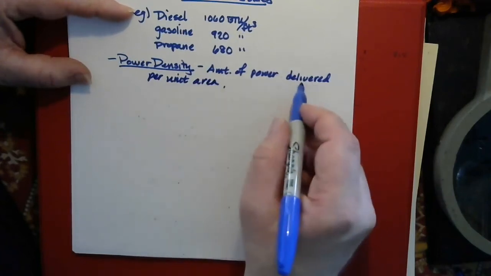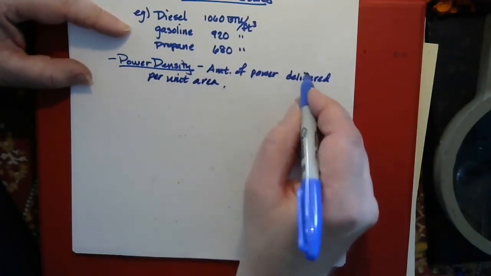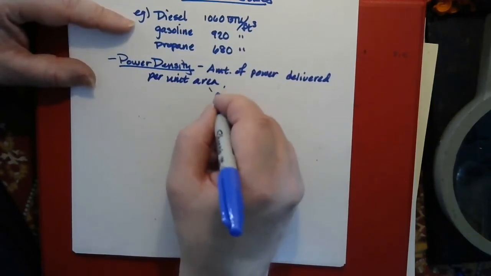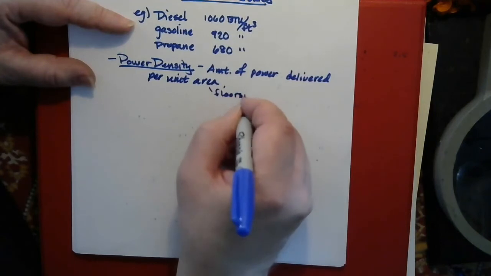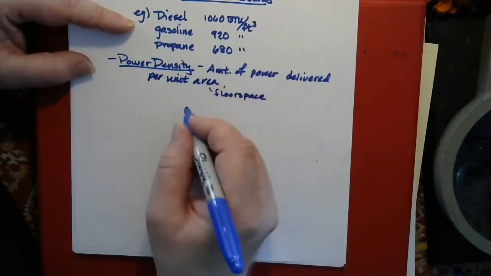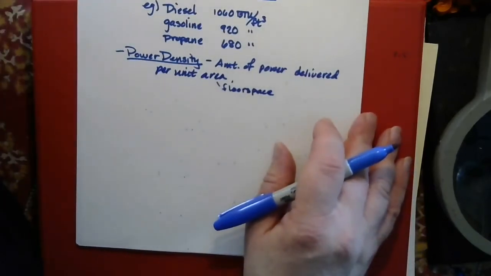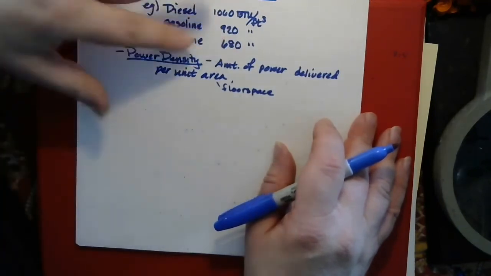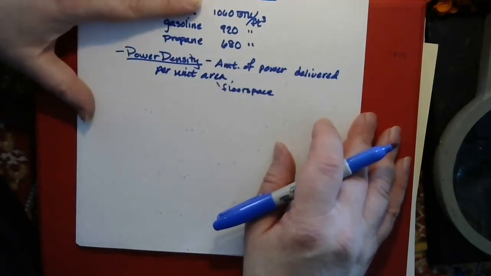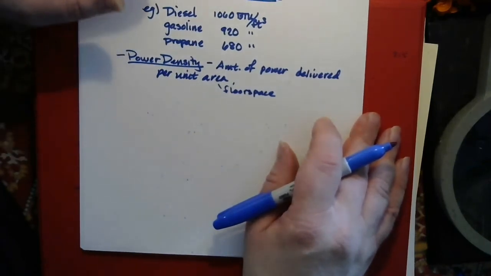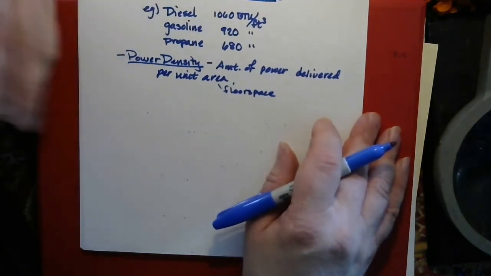And so the power density is the amount of power delivered per unit of area, like floor space. And you can sort of estimate what these values are for different types of power plants, because the power plants of a given type have a fairly standardized design, and so you can estimate what the energy output would be for a given number of square feet, and you can get your energy output that way.